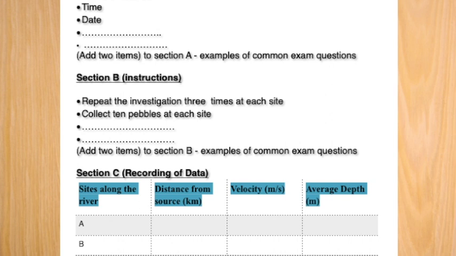For example, repeat the investigation 3 times, take measurements at equal intervals, collect 10 pebbles at each site. Usually the instructions depend on the nature of the survey at hand, whether it's a questionnaire, count, interview, observation, or measurement. In this section, we may include instructions for safety precautions.